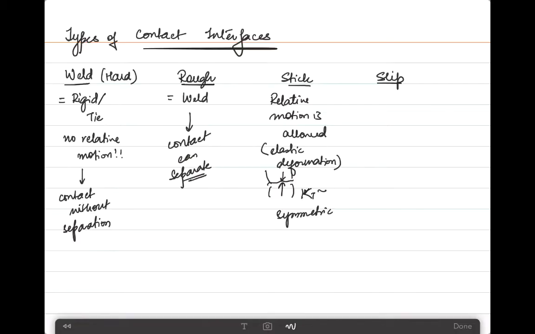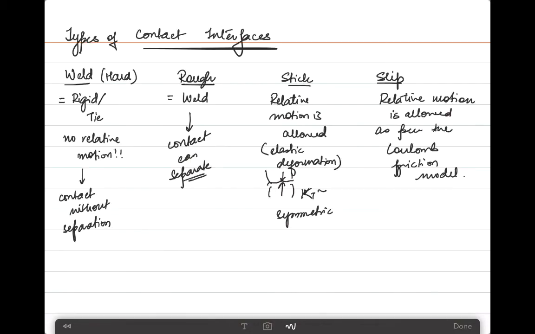The slip contact is the one where relative motion is allowed, but the tangent stiffness does not remain symmetric anymore, because the relative motion that is allowed has to function as per the Coulomb friction model. This is a hard requirement, and because of this we have seen how it changes the description of the tangent stiffness matrix before, and it becomes unsymmetric. So these are the various kinds of contact interfaces.